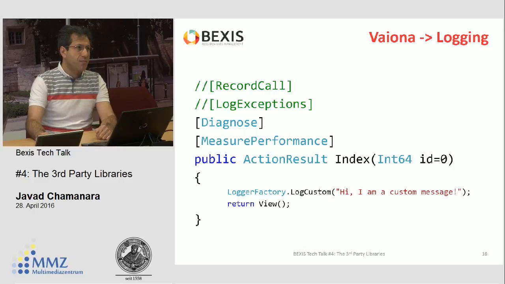It's possible to have multiple aspects applied on one function, but each of them can be applied at most once. So it's not possible to have diagnose and again diagnose because it doesn't make sense. But you can have measure performance, and also log exceptions, or any valid combination. Valid means logical in this case.